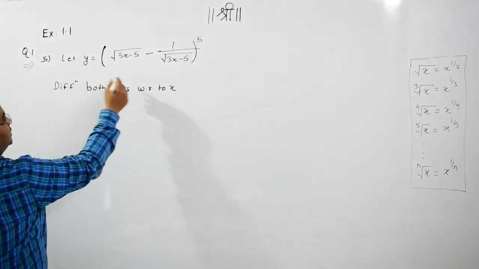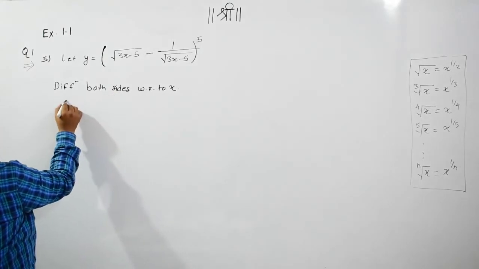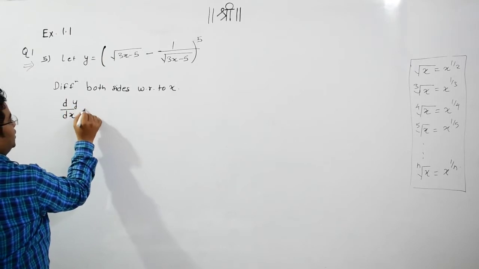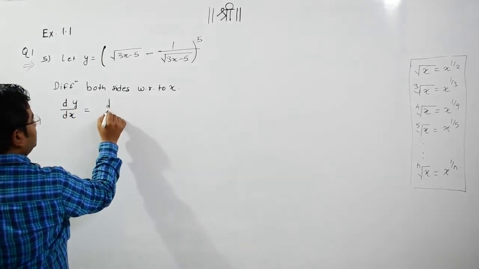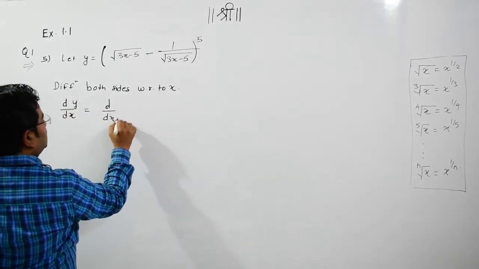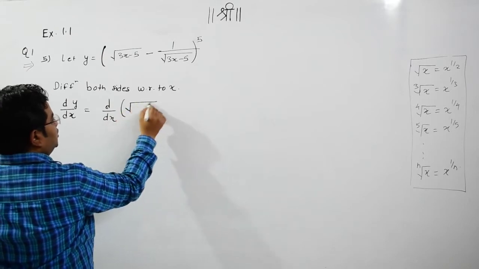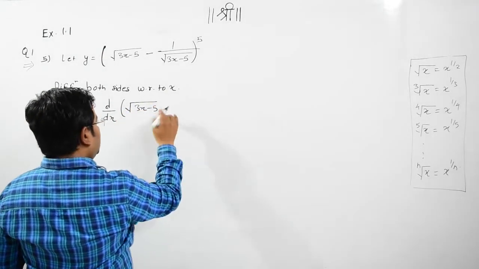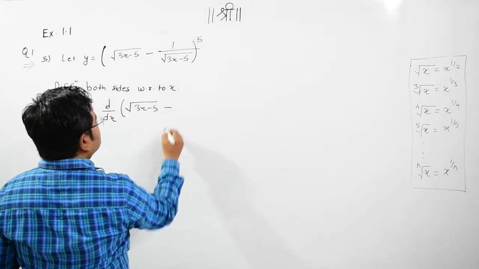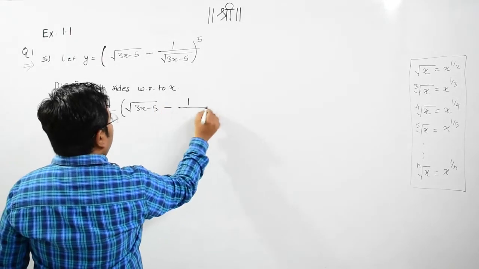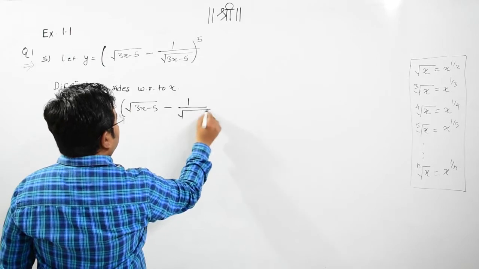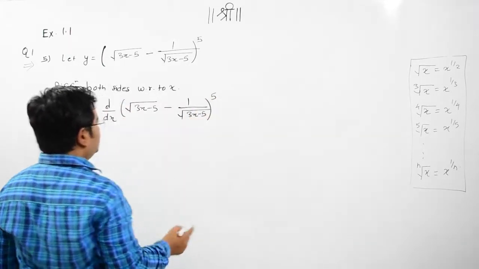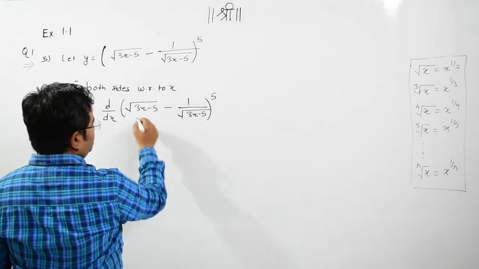Now differentiating both sides, the same thing we need to apply over here. So d upon dx of y is equal to d upon dx of under root of 3x minus 5, again minus 1 upon under root of 3x minus 5 bracket raised to 5. Now this is the whole function we need to consider.